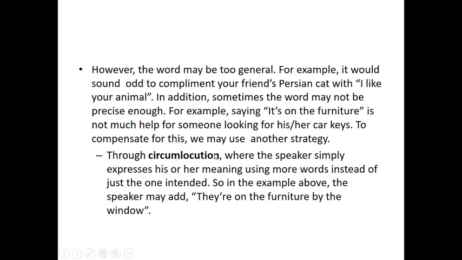To compensate for this, we may use another strategy. It's called circumlocution, where the speaker simply expresses the speaker's meaning using more words instead of just the one intended. For example, the speaker may add, they are on the furniture by the window.